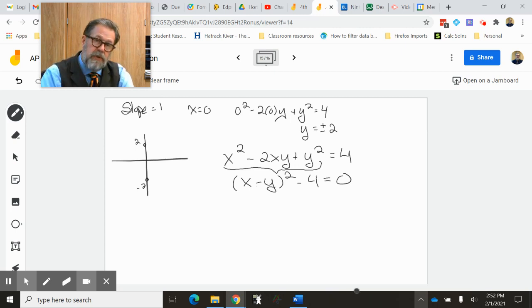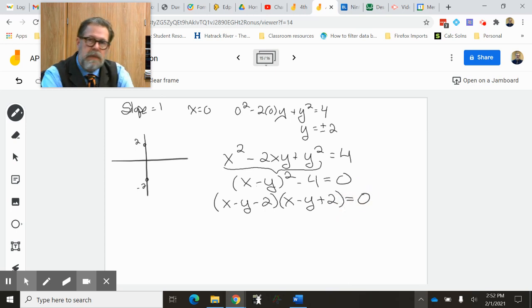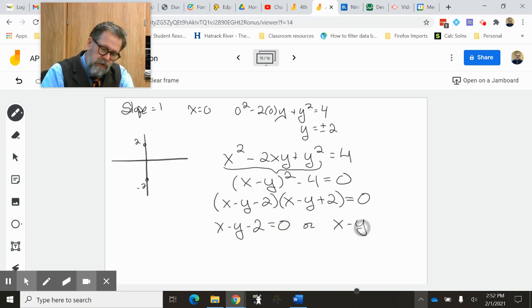But this is a difference of squares, which means that I can now factor this as (x minus y minus 2) times (x minus y plus 2) equals 0. So x minus y minus 2 equals 0, or x minus y plus 2 equals 0. And a little simple manipulation gives me y equals x minus 2, or y equals x plus 2.